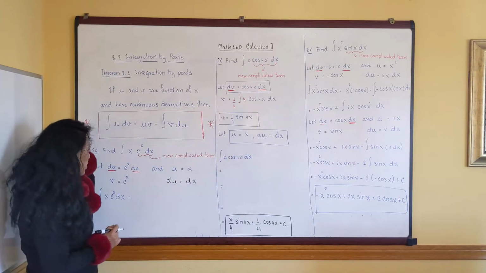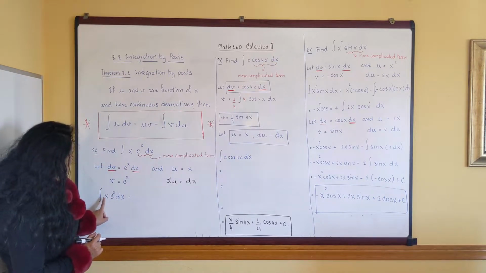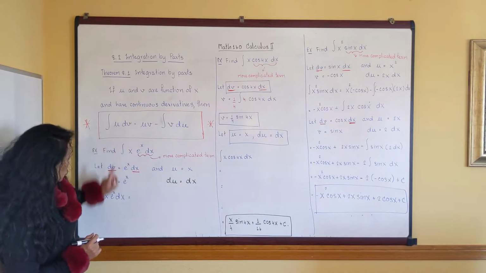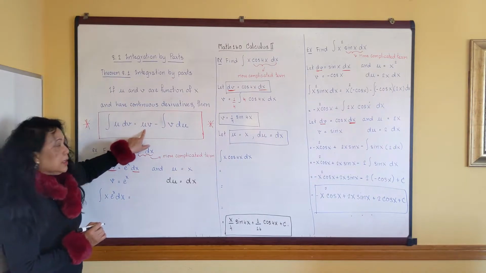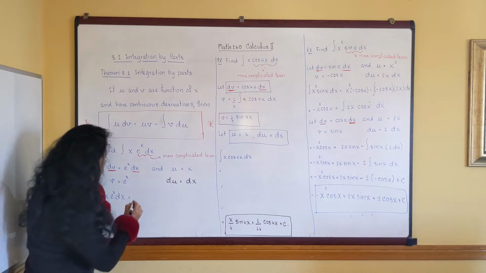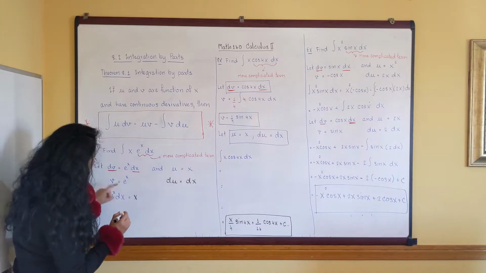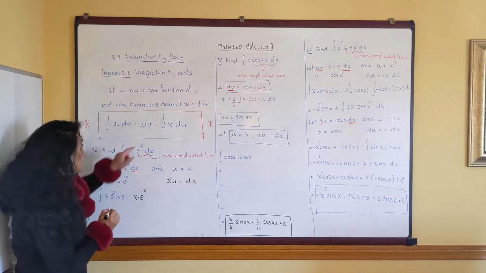Now we're going to follow the formula. This is the original one, this is your u dv. So it's going to equal u times v. Your u is x times v, e to the x. Just follow the formula.